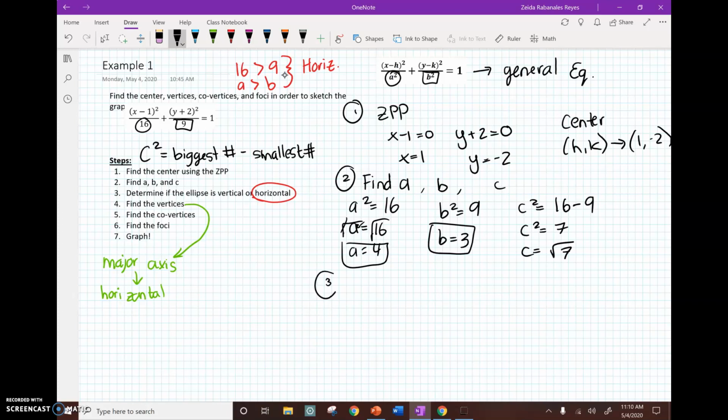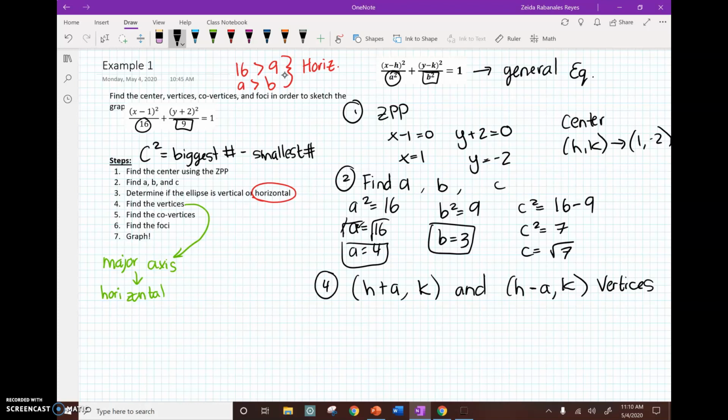So step 4, I have h plus a comma k, and h minus a comma k, and these are going to give me the vertices of the ellipse.